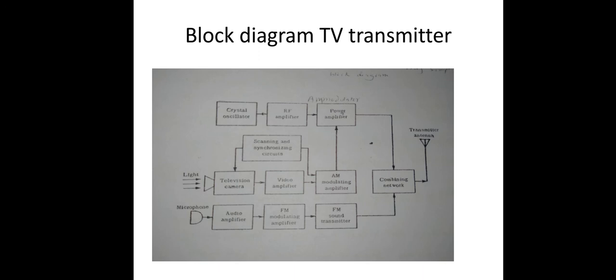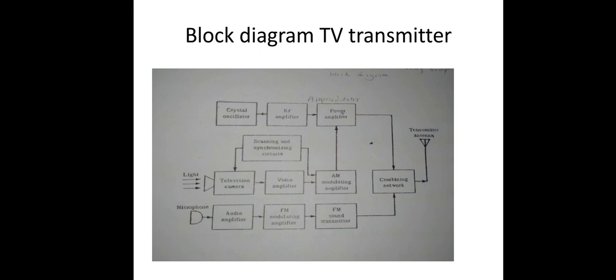First, the transmitter antenna, then the combining network, that means the frequency is adjusted to the combining network, then the power amplifier. Microphones are used in the audio amplifier.